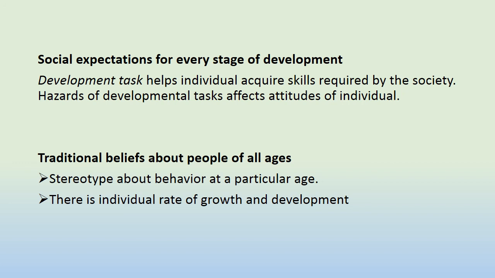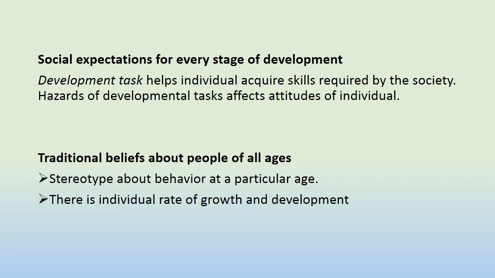However, the development phase corresponding to an age may vary from individual to individual. So the rate of development may vary. Some people may develop earlier, and some people may take some time to develop. So the time difference can be there. It is very important to understand that everybody does not develop at the same pace. The pace differs from one person to another person.